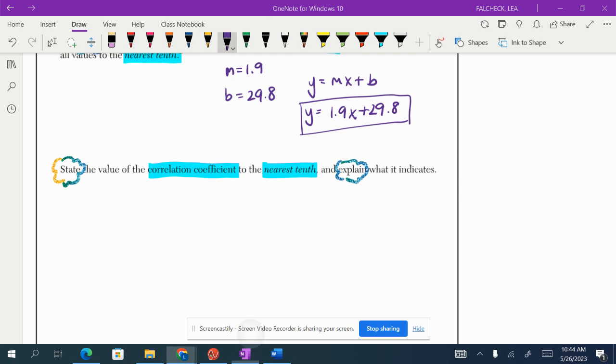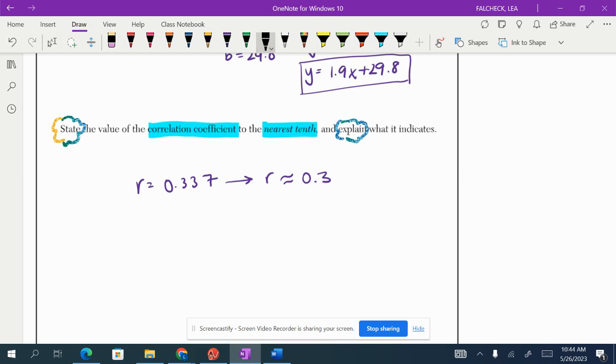So we are going to want to state that r is equal to 0.337. Then we're going to show our rounding. r is now approximately 0.3 after we rounded. We have stated r.